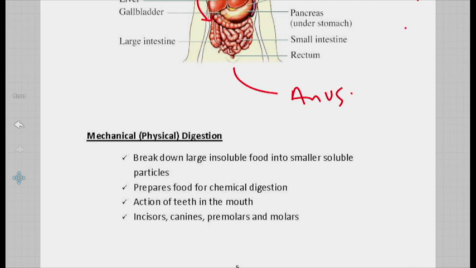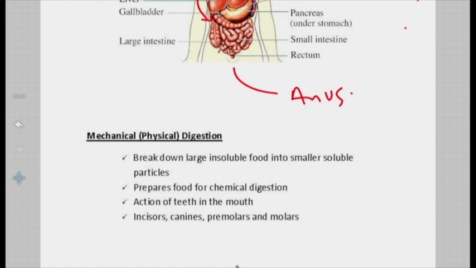This one occurs in the mouth by the action of the teeth. In the mouth you find the teeth. Man has 32 teeth. So these teeth are responsible for physically breaking down the food into very small food molecules. The teeth, together with the tongue, mold the food, making it into a bolus.